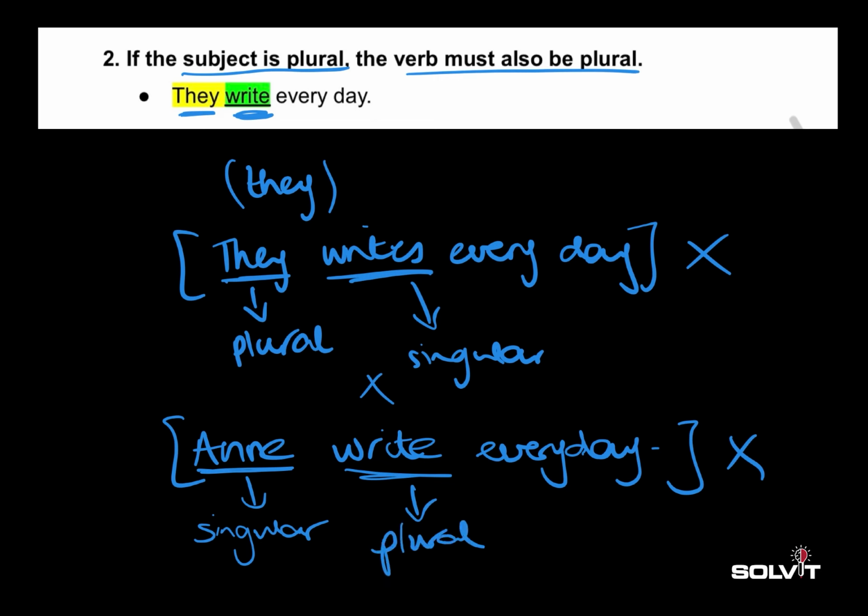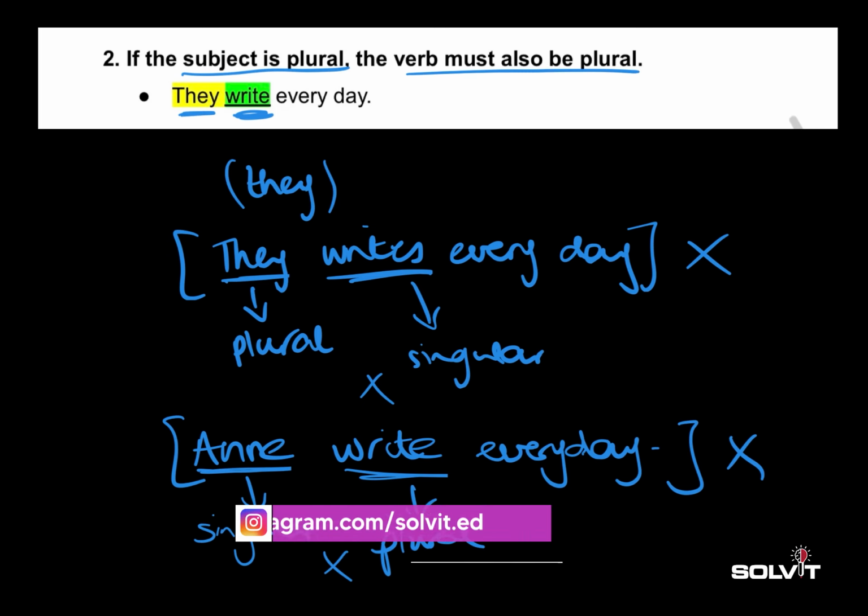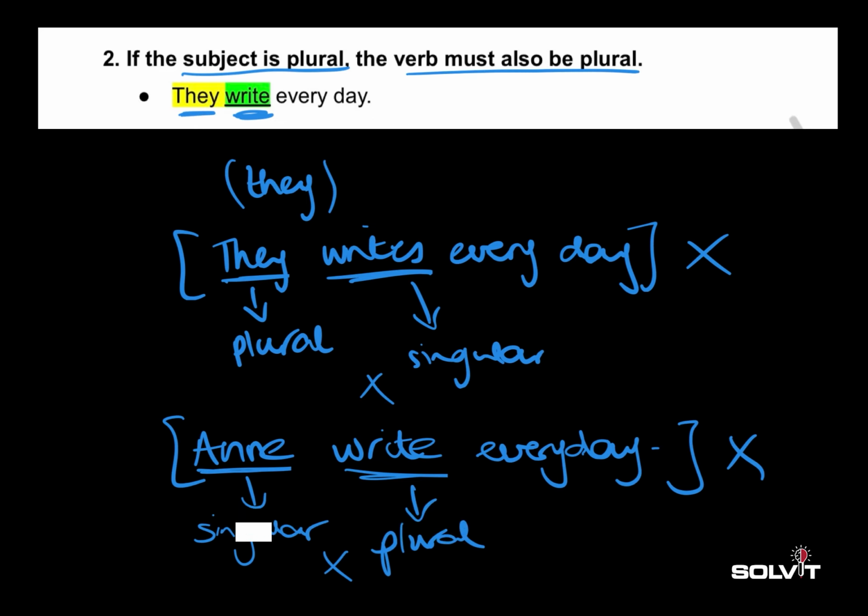So they're just not fitting together and they're not in agreement. The subject and verb are not in agreement. So remember, when the subject is plural, the verb must also be plural. When the subject is singular, the verb must also be singular. So the correct version of the second sentence is "An writes every day," okay? Not "An write every day," "An writes every day." And the first one, "They writes every day," is incorrect. So you're going to say "They write every day."